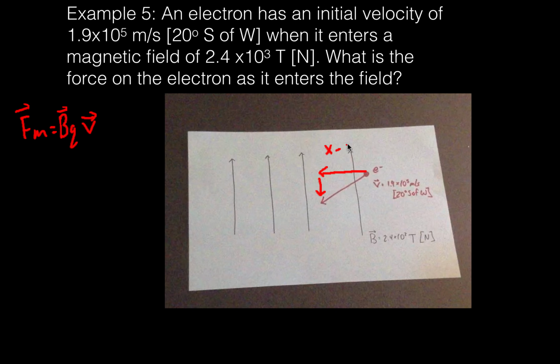We can see that the x component, which is pointing west, is perpendicular to the magnetic field. The y component doesn't interact with the field at all, so we entirely ignore it when we're solving this problem.